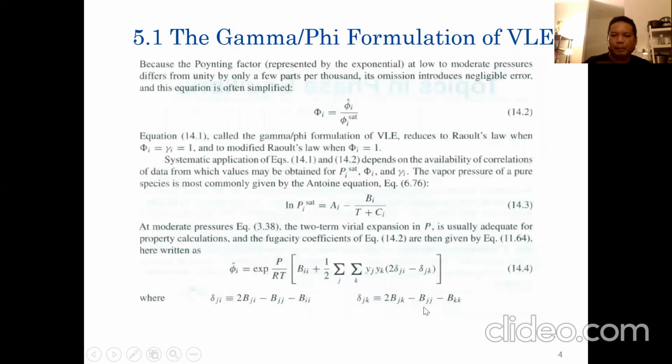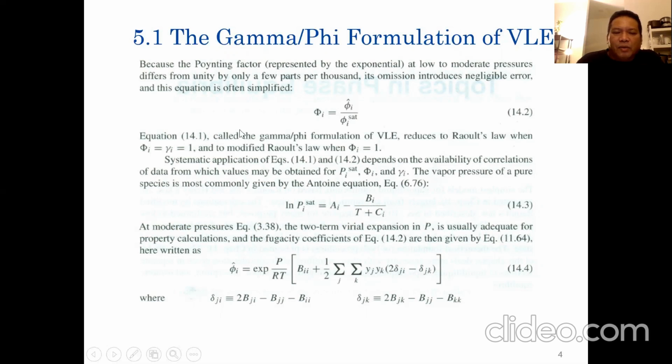So this capital Phi i is also equal to this phi at a specific species i saturated. I think you guys remember this. This is in solution, right?